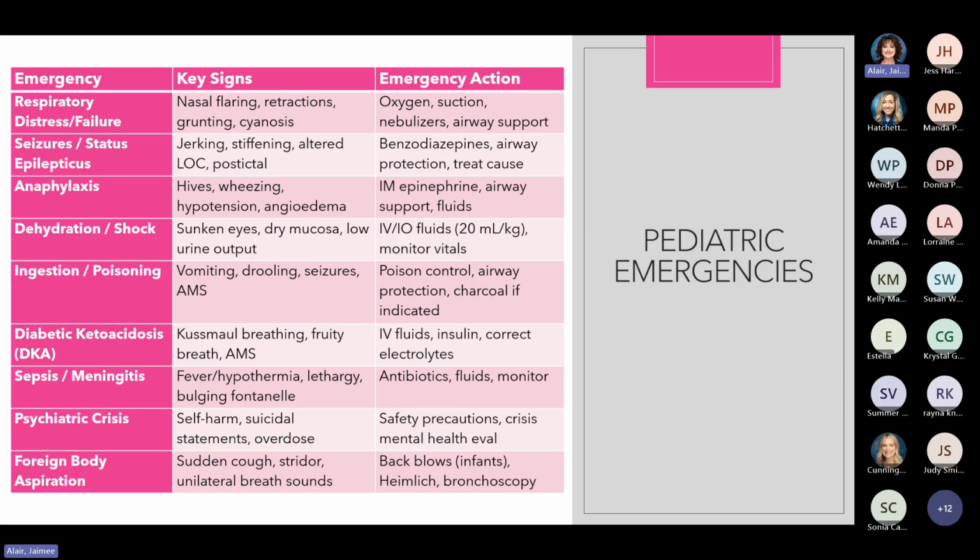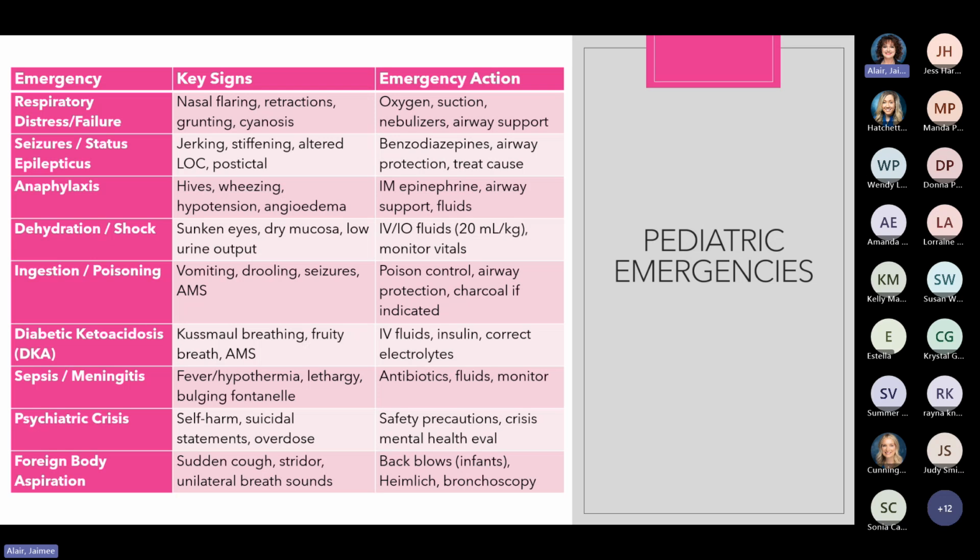There are lots of emergencies that can come into the pediatric EC or into the EC in general, but these are just some common ones. Respiratory failure, seizures, anaphylaxis, dehydration, poisons, sepsis, psychiatric crises, and foreign body aspirations. I would say the most important thing is doing that assessment, assessing that patient when they come in, and then intervening based off of that.